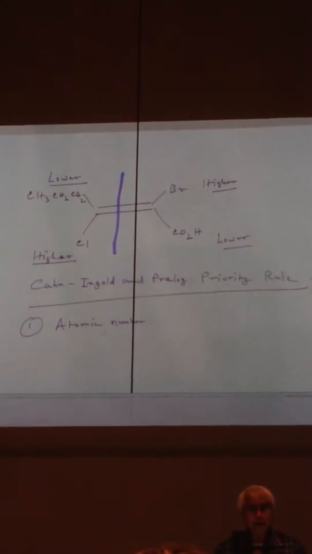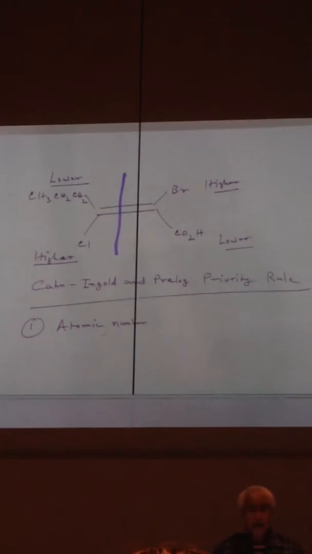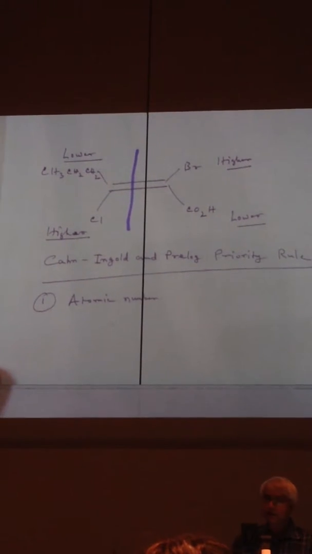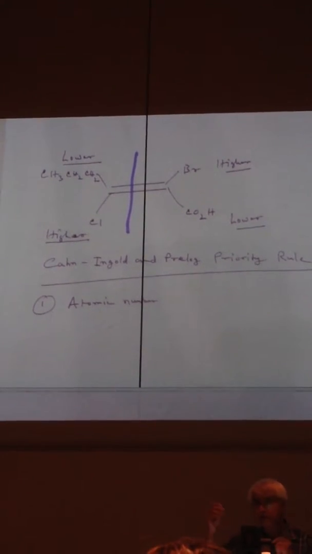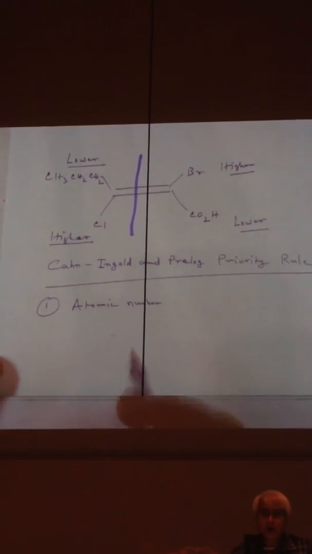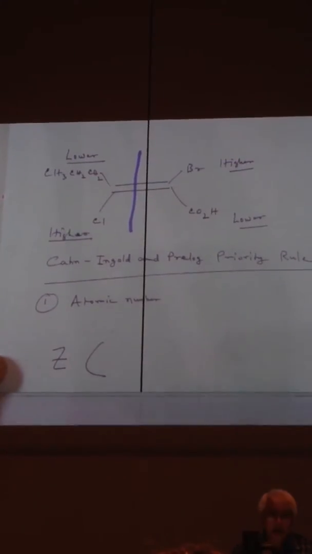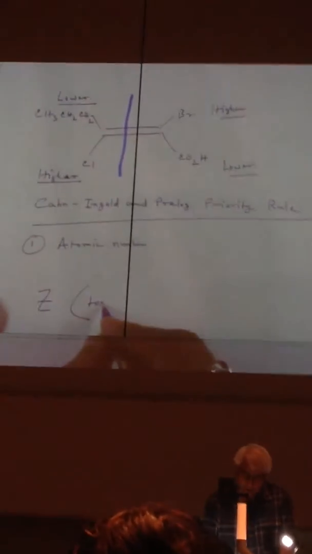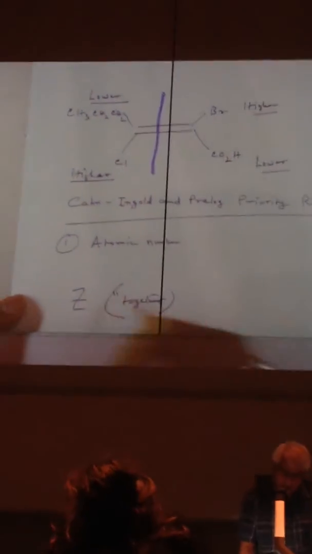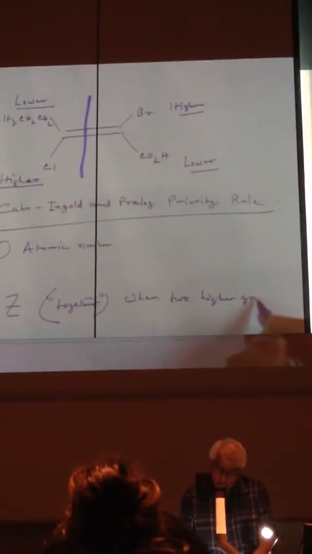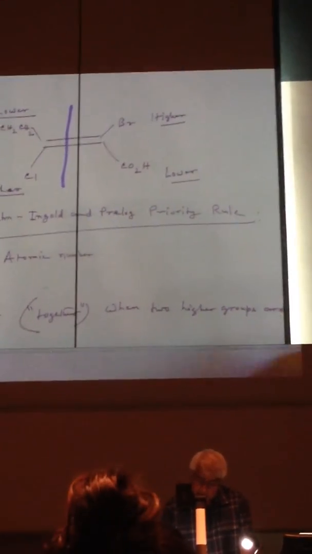Now, based on that, you have a higher and a lower across the double bond, and the other side also like that. It is kind of like trans, right? Except that now we cannot call it cis or trans. Cis or trans were related to same groups, like methyl or ethyl, whatever. So now we call them Z. This comes from a German word, zusammen, which means together, when the two higher groups are on the same side.